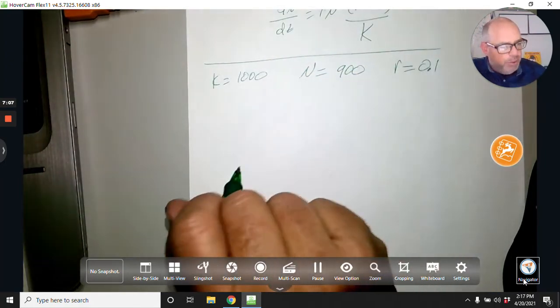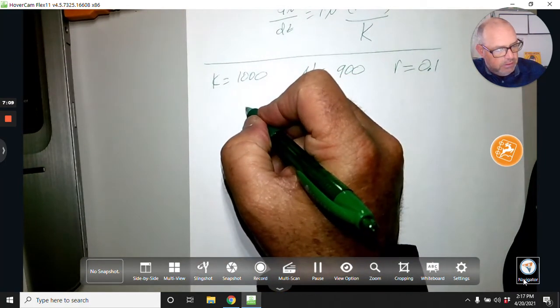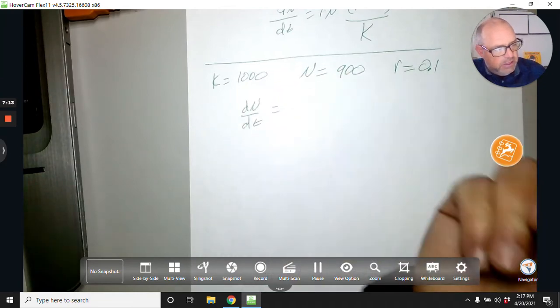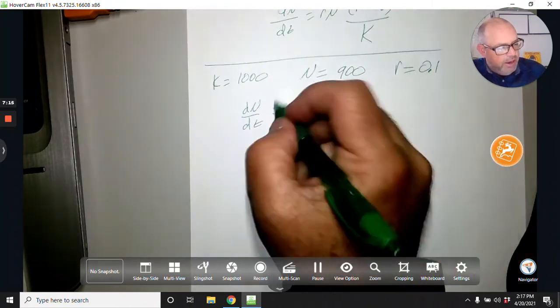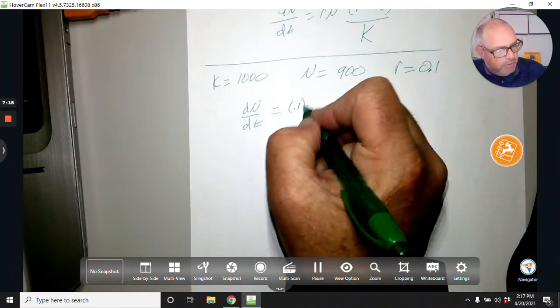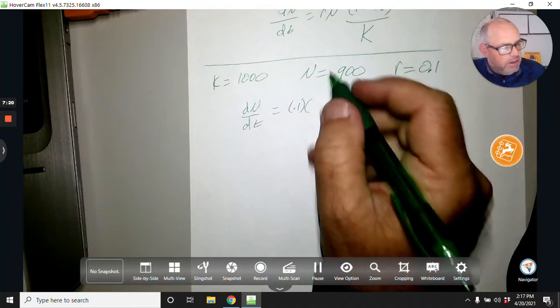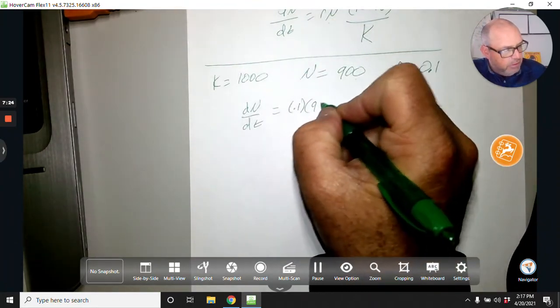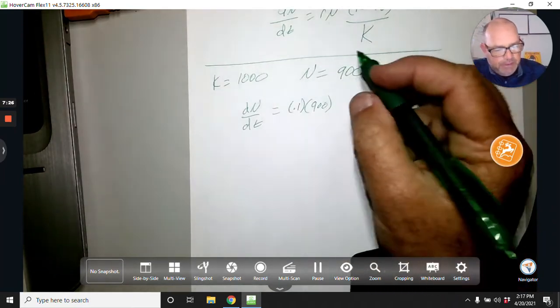So if we put this in, dN over dt. R is our rate, so here's our 0.1. And the next one is the number, which for our scenario is going to be 900, right?